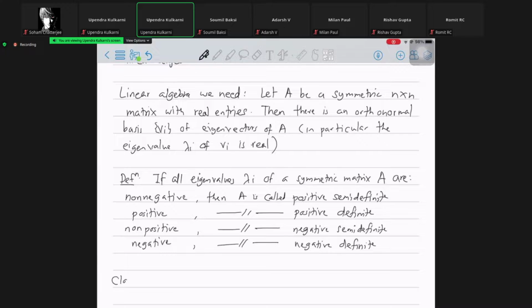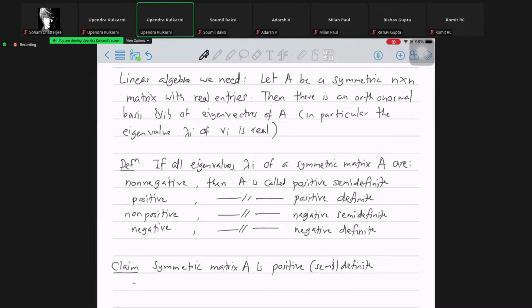So, claim: a symmetric matrix A is, let's say, positive semi-definite if and only if for all non-zero vectors x in R^n, I have the following.